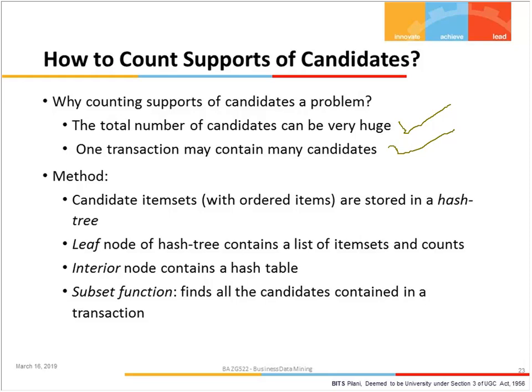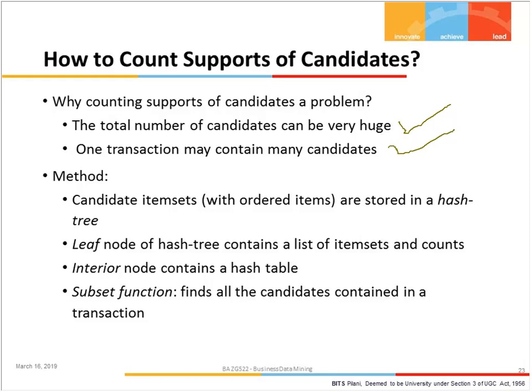One technique, which is a favorite in the computer science domain, is to organize the item sets in the form of a hash tree. That hash tree can be generated using numerous techniques. We will look at one technique, but there can be alternate ones.